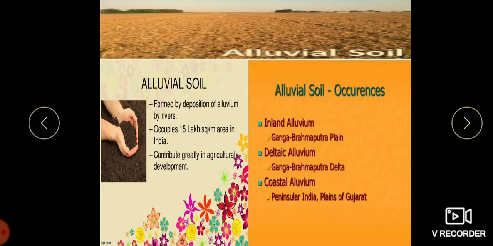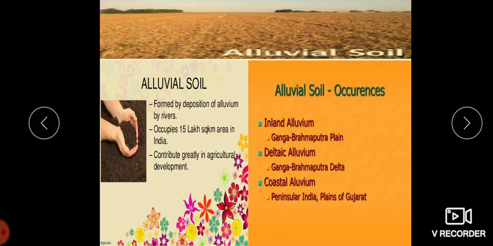So we have to know the composition of alluvial soil. The alluvial material deposited by rivers is usually most extensively developed in the lower part of the course of a river, forming floodplains and deltas, but may be deposited at any point where the river overflows its banks or where the velocity of a river is checked, for example, where it runs into a lake.